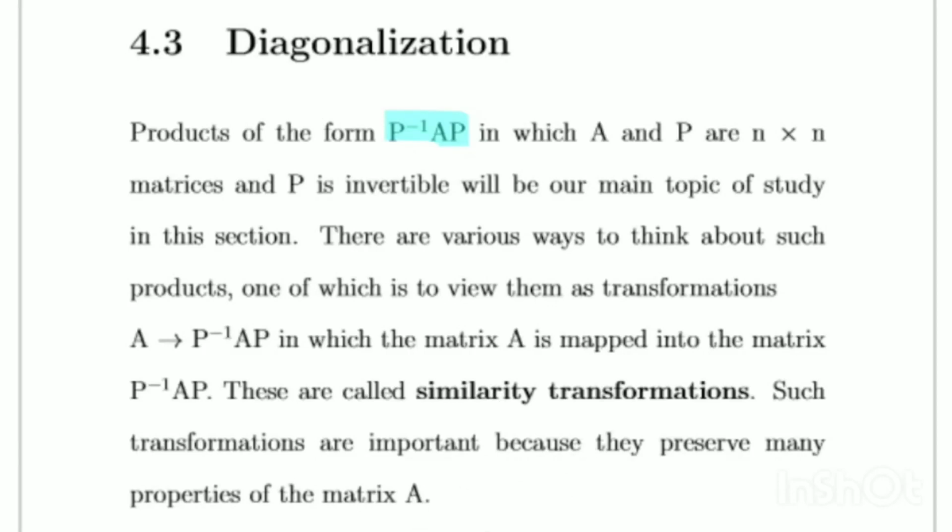For example, if B equal to P inverse AP, where B and A are square matrices, then we can say that A and B are similar matrices. They have the same rank, same nullity, and same determinant properties.